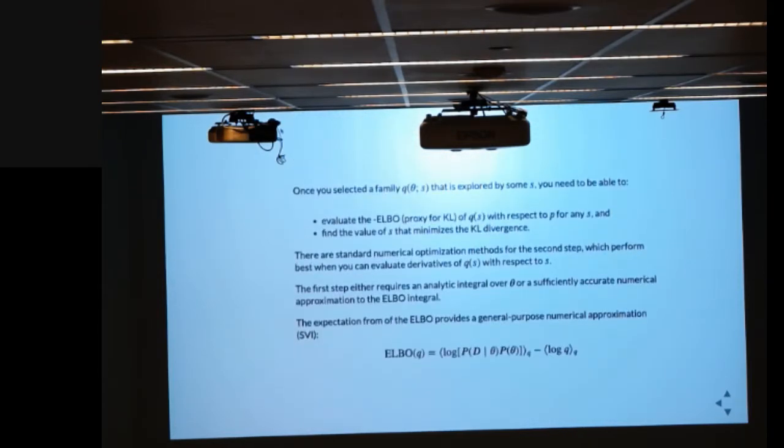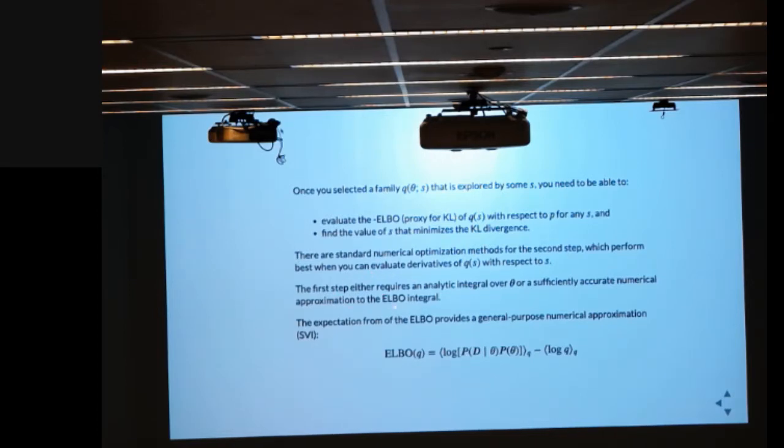Okay, so once you've actually selected your family, what you need to be able to do is evaluate the minus ELBO, which is just our proxy for the KL, because they just differ by that constant log evidence. And you need to then be able to optimize by finding the value that's going to minimize that divergence. So there's standard numerical optimization methods to handle the second step.